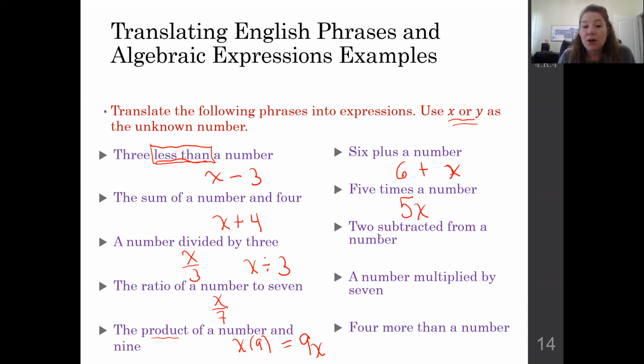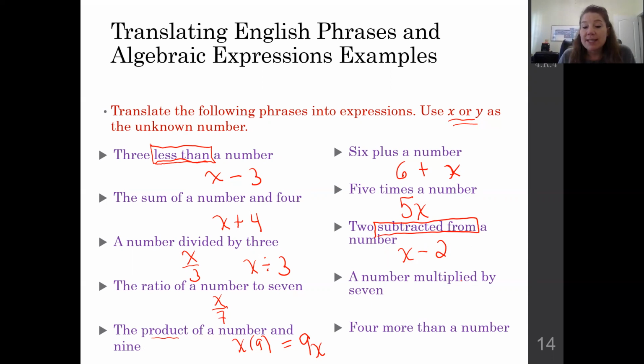Now this is one, also think about that. If I'm taking 2 away from 6, I would get 4, right? So this is another reverse order, less than and subtracted from. I would have to start with the number and take 2 from it. 2 subtracted from a number, that's exactly the right order you'd have to use.